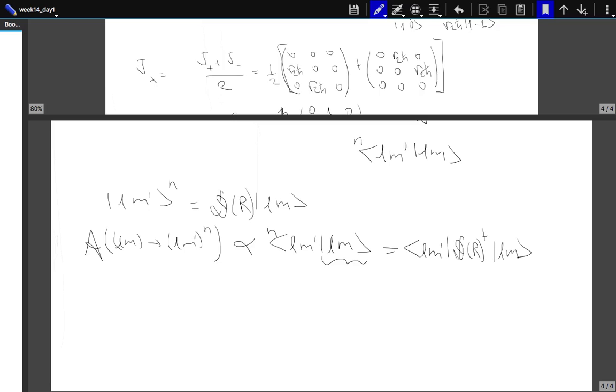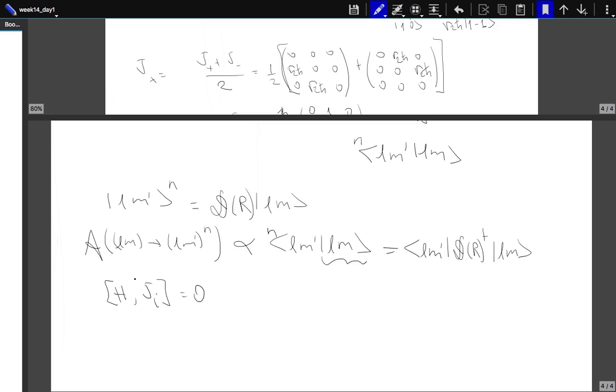Or another way of looking at this is, since we should have rotational symmetric systems, laws of nature don't change under rotations. That basically means H and J_i commute. So eigenkets of J_i will be eigenkets of my Hamiltonian.